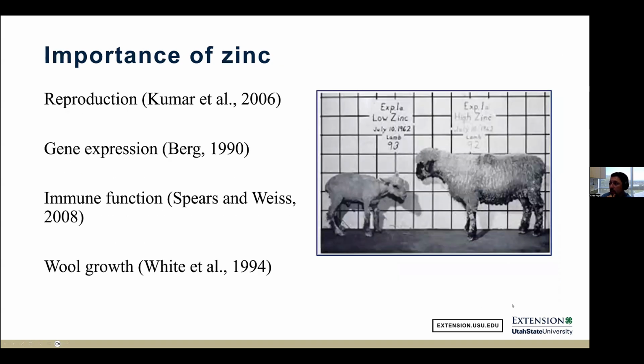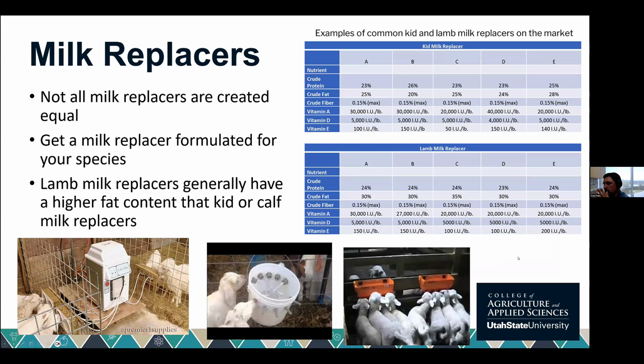Another mineral is zinc, which is involved in a lot of things, even some old research showing the lack of growth in some animals with lower zinc concentration. And so we're going to talk about some of the mineral stuff we're doing and how it changes grazing distribution in just a second.